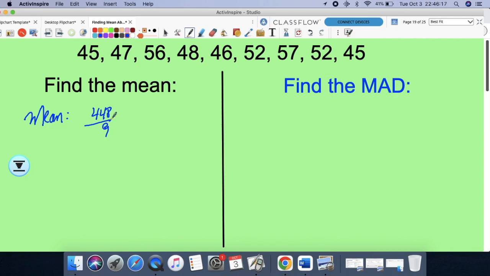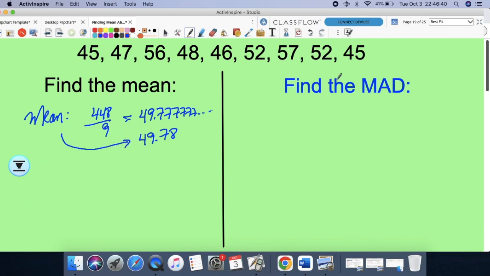Divide that by 9, and our mean is 49.77. Actually, it's going to be rounded, because in the calculator it's 49.7777, right? So we're going to use 49.78. Okay, so that's our mean.